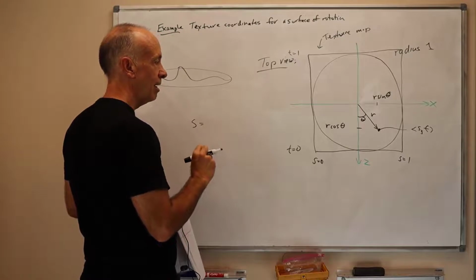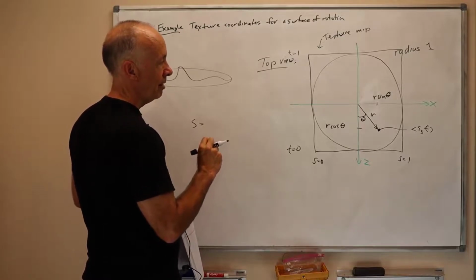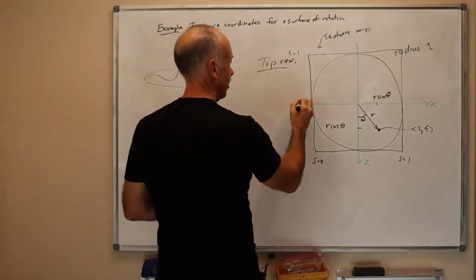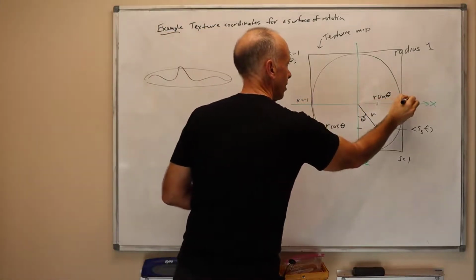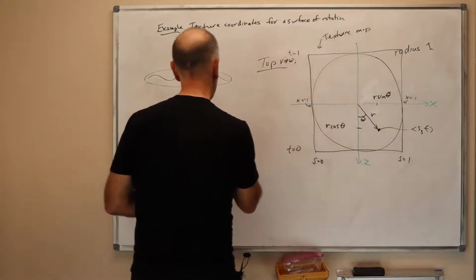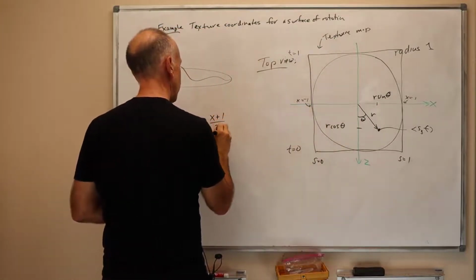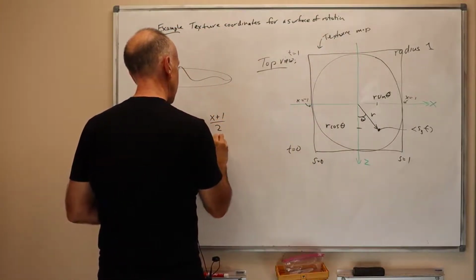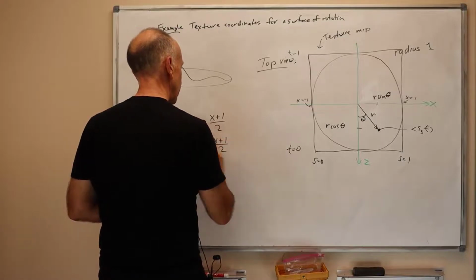But instead of having x go between -1 and 1, here's x equals -1, here's x equals +1, we'll let s be (x plus 1) over 2, and likewise t can be (minus z plus 1) over 2.